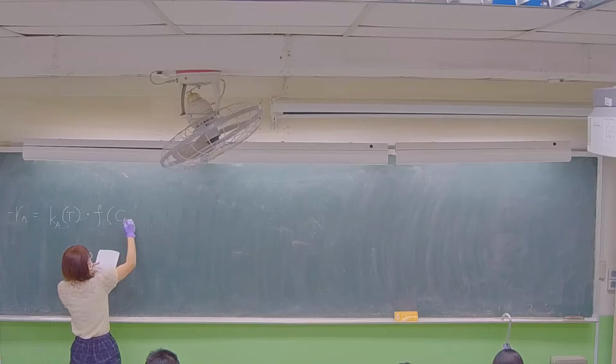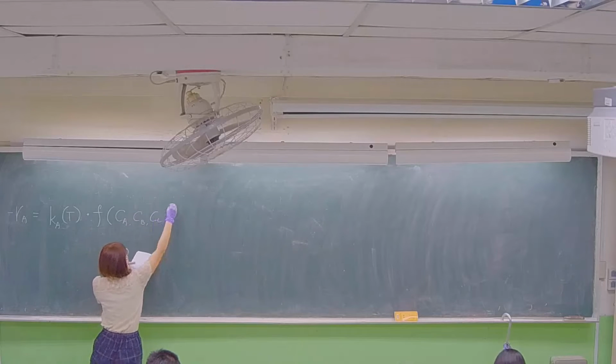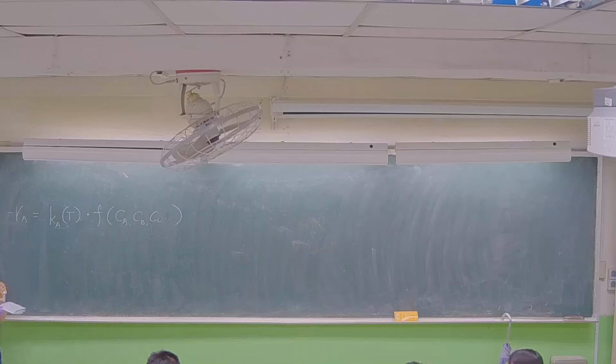So this function can be composed of Ca, Cb, Cc, something like that. You can fill in the blank. You can write down this one. Just a translation of the sentence, right? The sentence: rate of disappearance is equal to rate constant times function of concentrations. So we translate this sentence into a formula.